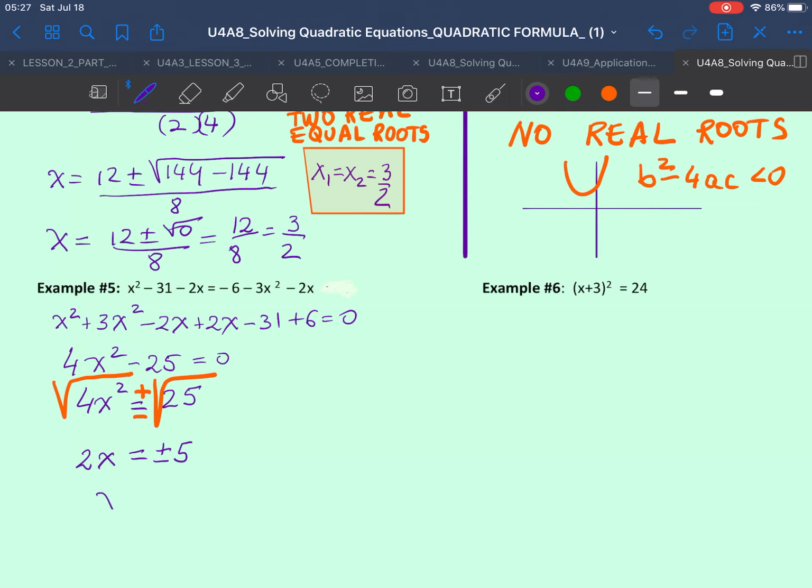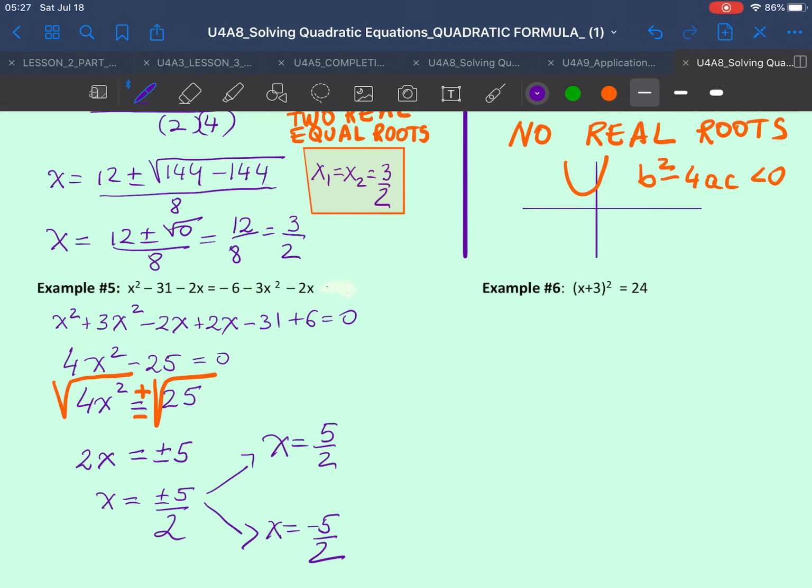So we're going to say that x equals plus or minus 5 divided by 2. If we want to split the solutions here, so our answer is clearer, then we're going to say it's either 5 over 2 or negative 5 over 2. That's it.